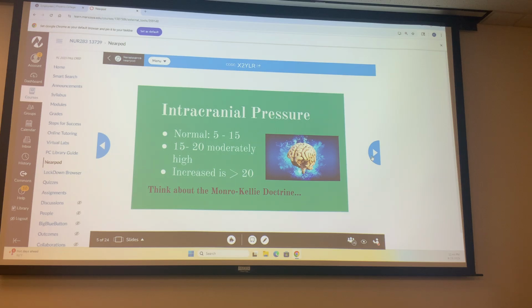But please know that this is a box. And it's a skull box, meaning that it can't expand or contract. It's stuck there, okay? So anytime you have an alteration in one of these things, let's say that you have a brain tumor, and you have swelling.